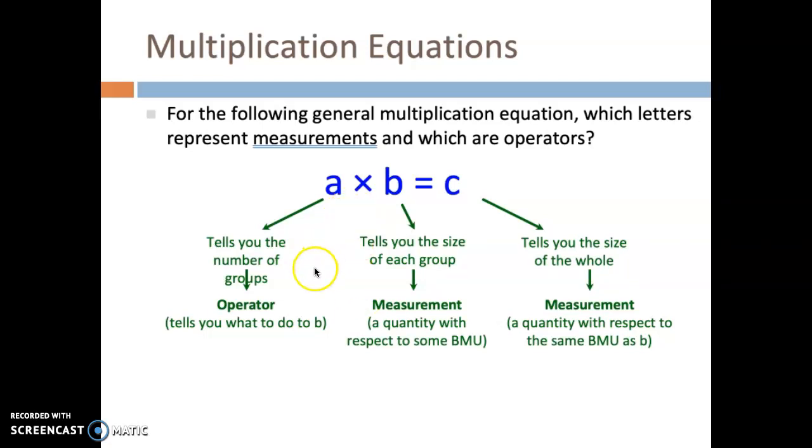A operator times B measurement equals C. It tells you the size of the whole, again a measurement, the quantity with respect to the same BMU as B. If you need to hit pause, you certainly can at any time during this video.